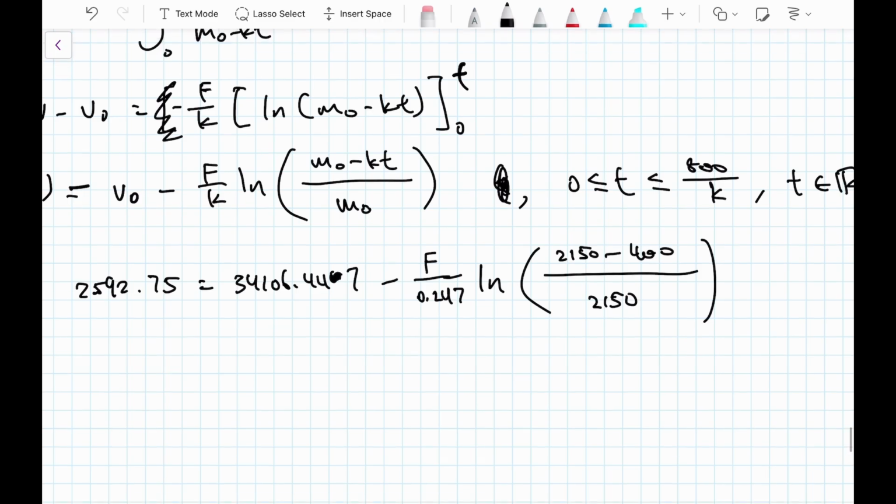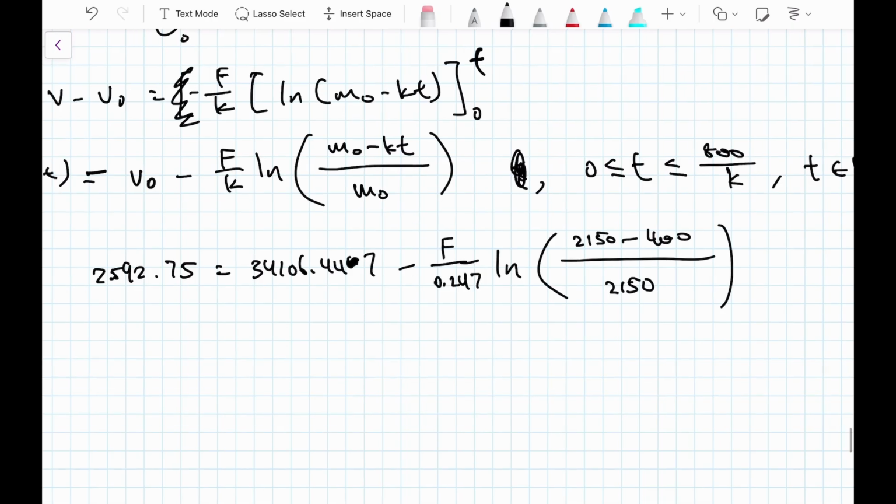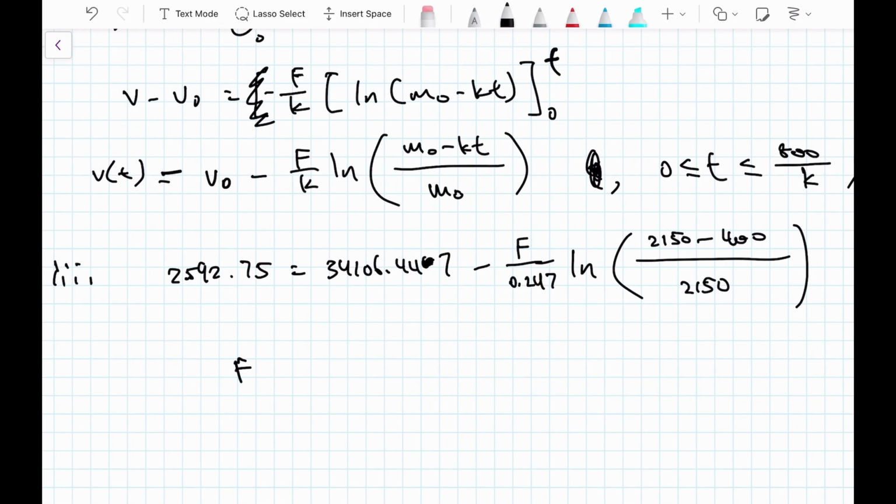Now we have all the values, and we can just calculate f.